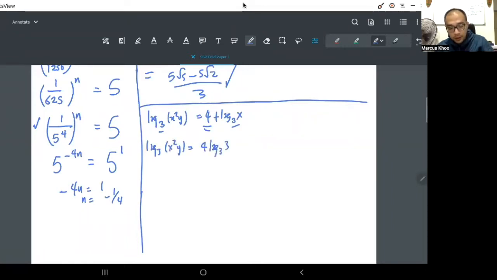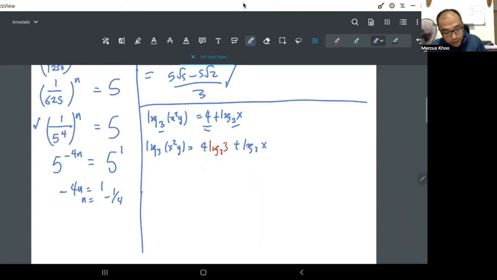Okay, 4 log 3 3, plus log 3 x. Why do I add in this log 3 3? Okay, because number 1, it is equals to 1. Number 2, if I have everything in log 3, then I can simplify easier.